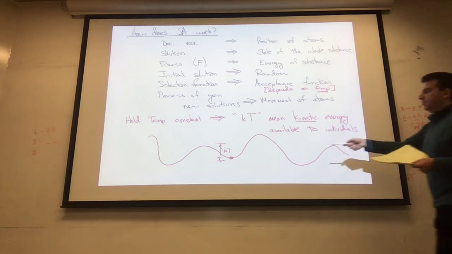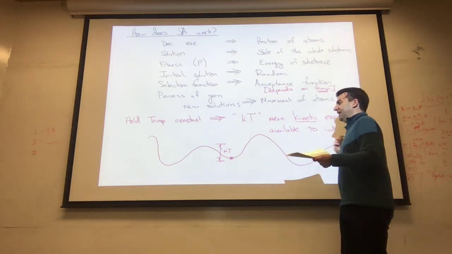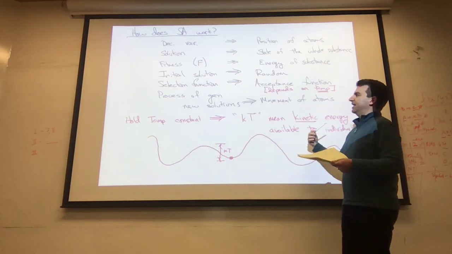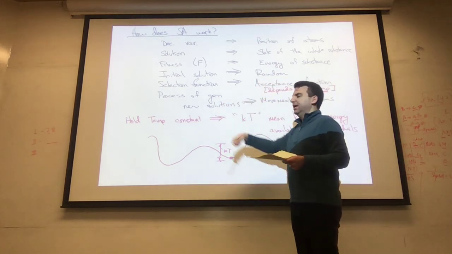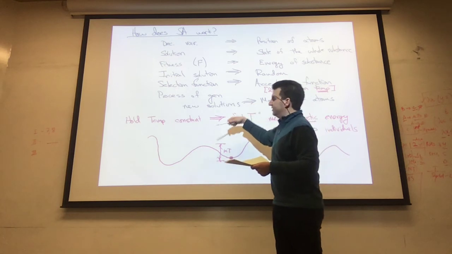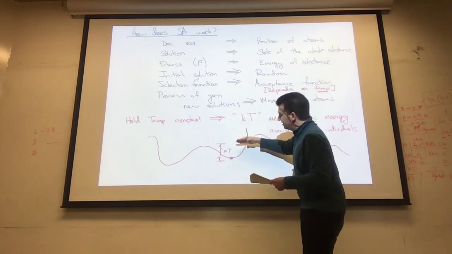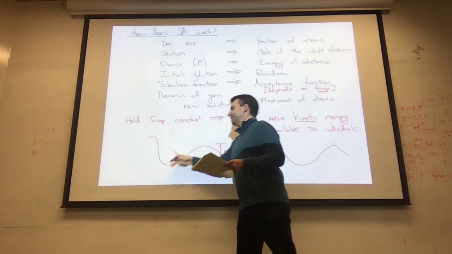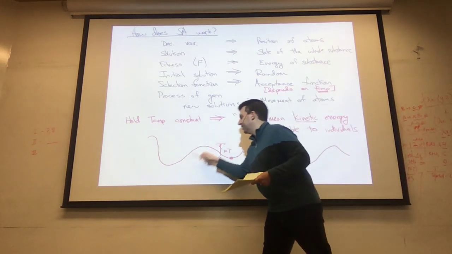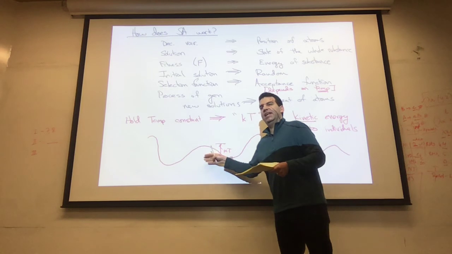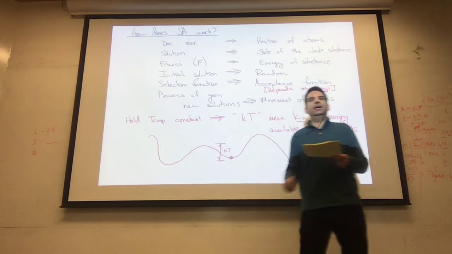You set the temperature high initially, and then it basically takes whatever random solution and just re-randomizes it. But then eventually you gradually turn that down, and then you start interfacing with this potential energy function. You can think of this as kinetic energy, and this is potential energy. So do I have enough kinetic energy to get over these potential energy humps?